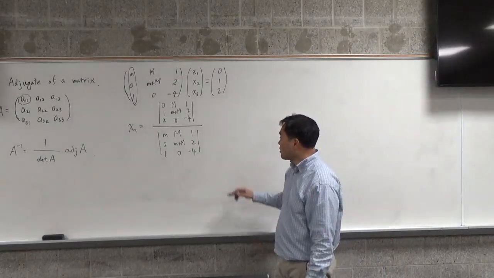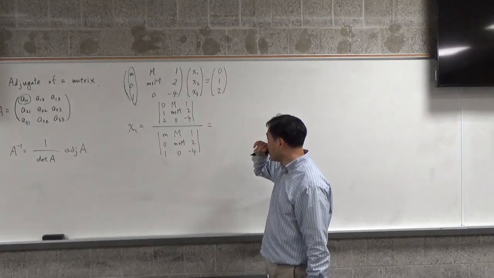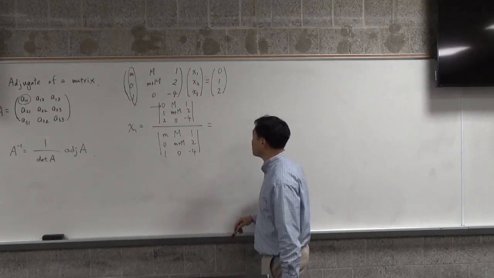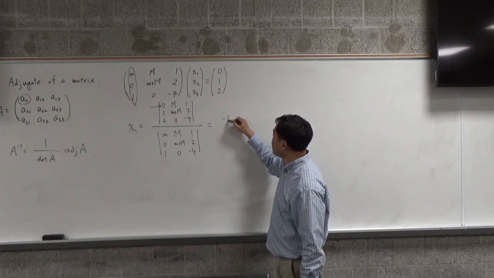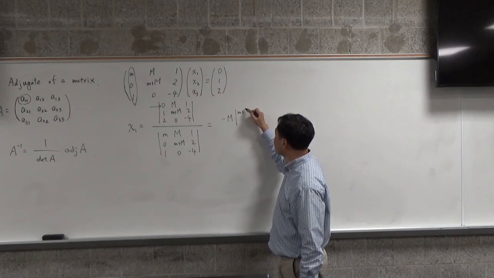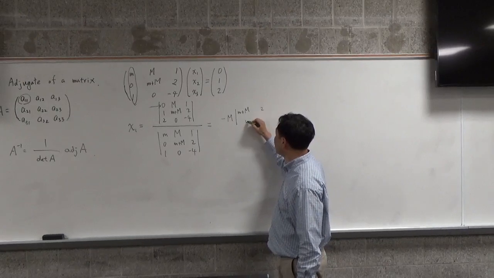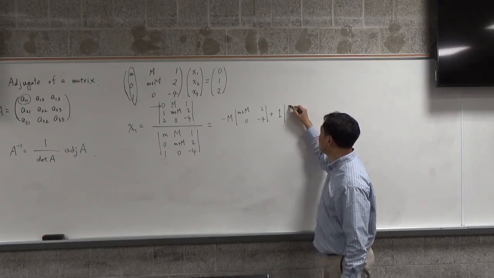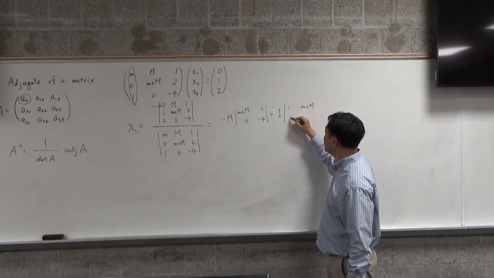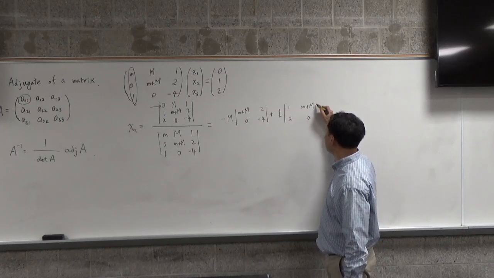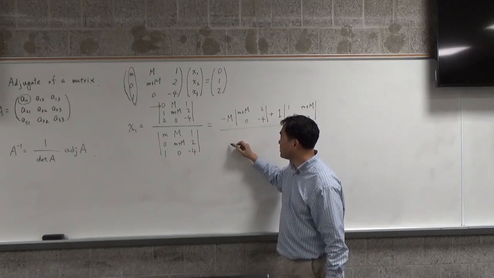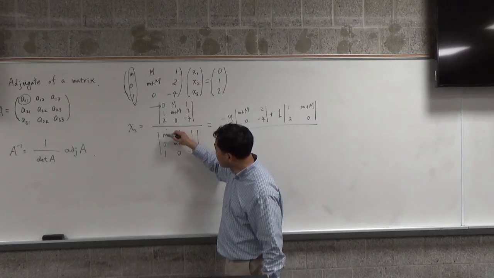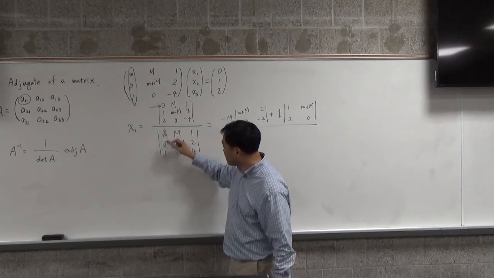Okay. Let's do the calculation, right? So let's do row expansion this way. Let's see what that gives us. 0 we don't have to write, so it'll be negative m times the determinant of m plus M, 2, 0, negative 4, plus 1 times the determinant of m plus M, 2, and 0, divided by, and it's good to have some zeros, so let's do column expansion.